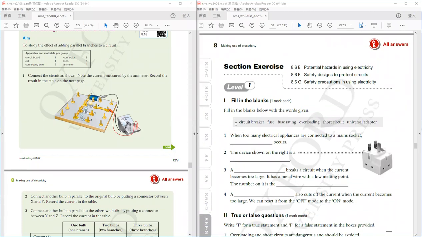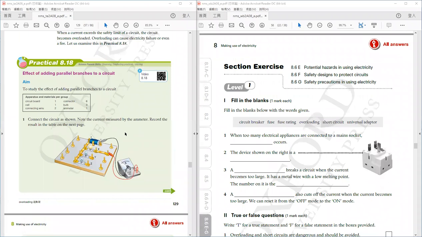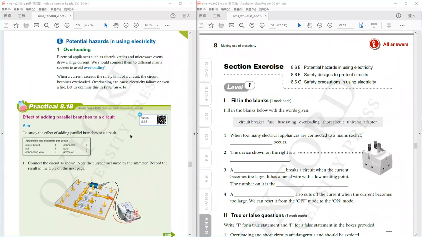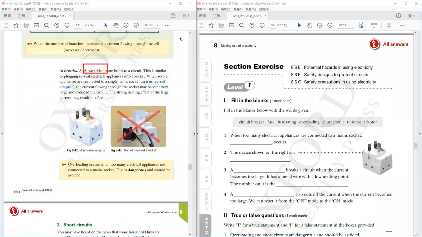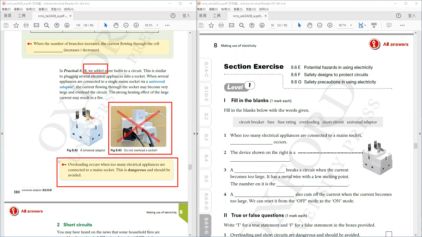Okay, number 1, when too many electrical appliances are connected to the main socket, too many of them, we call this overloading. What is overloading? That means you connect too many electrical appliances, too many plugs to the same socket. Therefore, there's too much electrical current there. So we call this overloading.